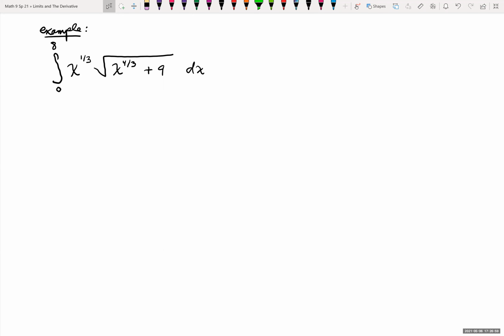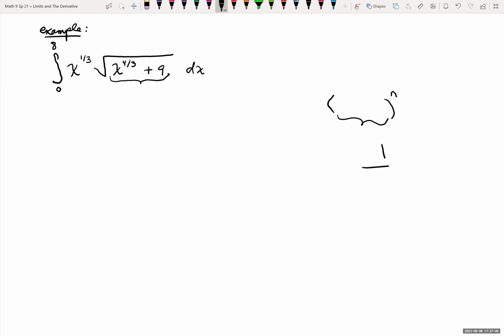Other things to look out for: if you have something raised to some high power, then choose what's inside the parentheses to be your u value. Or if you had 1 over more than one term, plus or minus, it doesn't matter what it is, a lot of times letting u be the denominator is helpful.